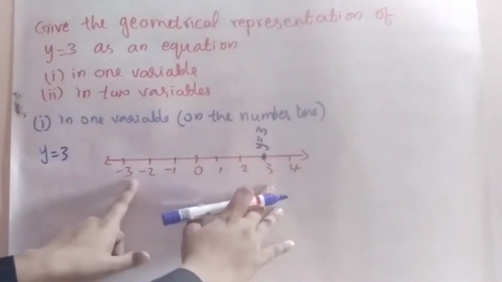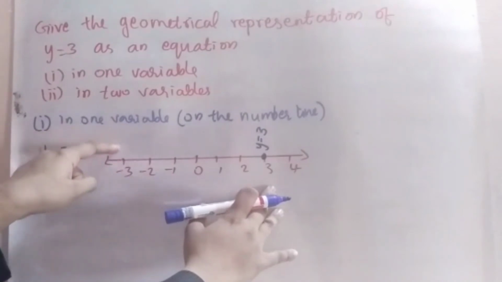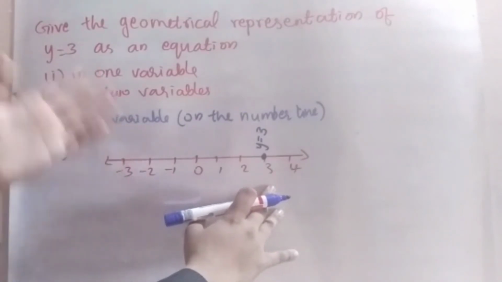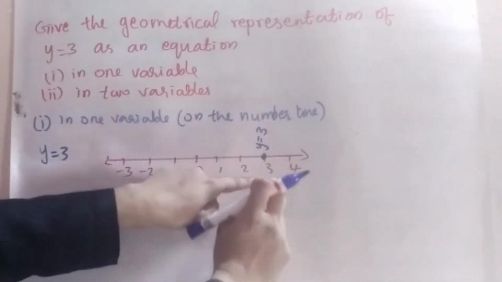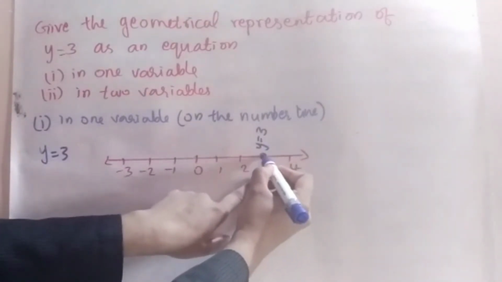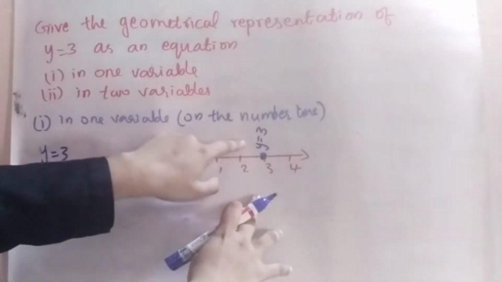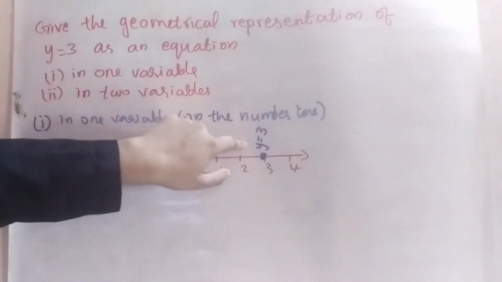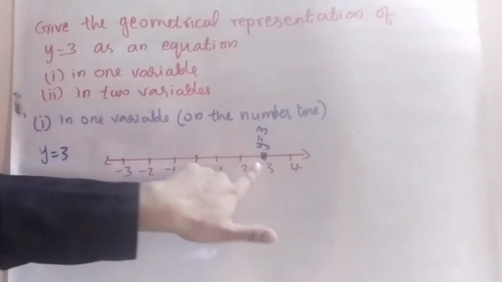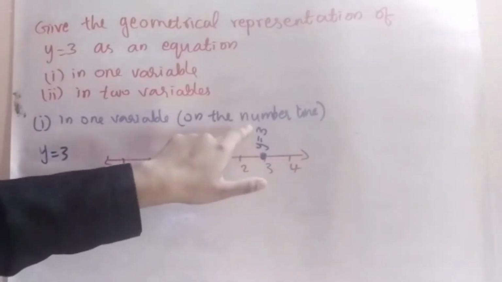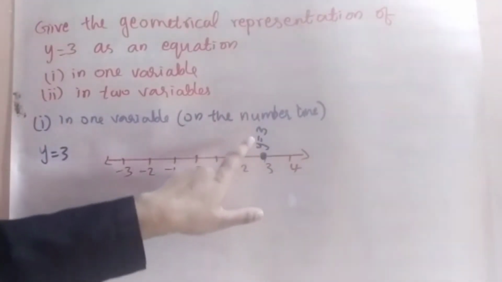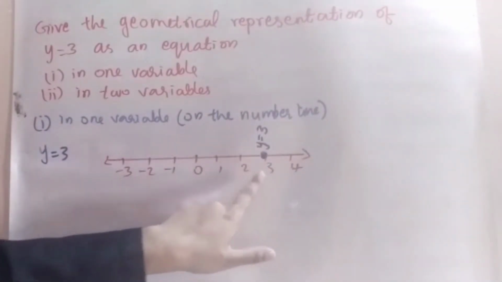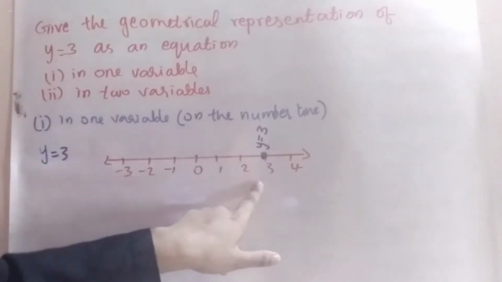If it were y is equal to minus 3 it would be on the other side, but our question is y is equal to 3. So this is the point. The representation of the equation y is equal to 3 on the number line is like this.